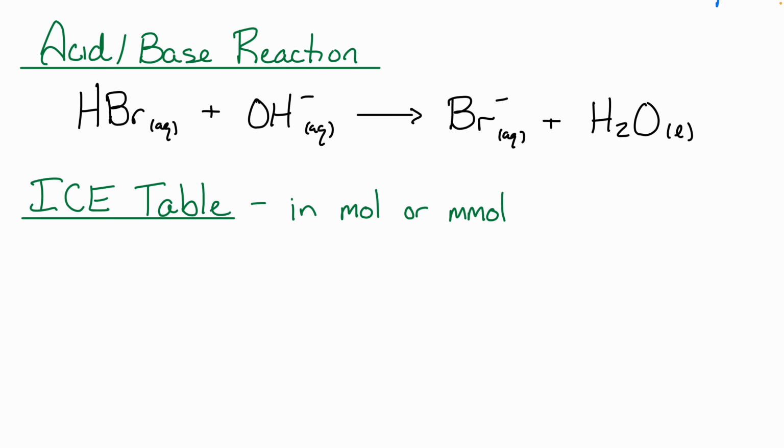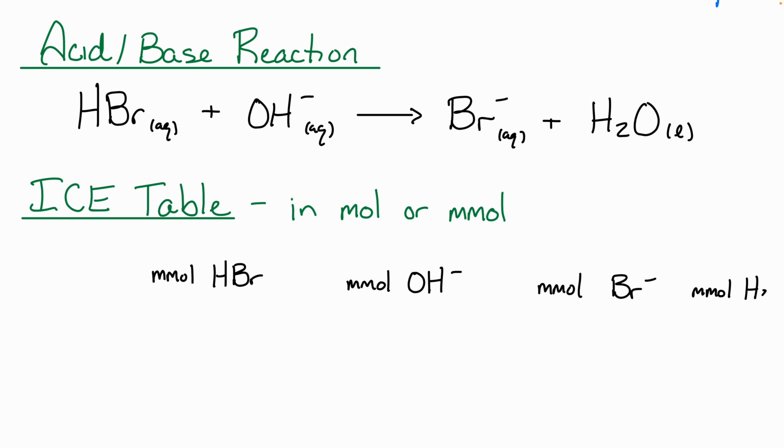So when I do my ice table, I'm not going to do bracket HBr. I'm going to do millimoles HBr and millimoles hydroxide being converted into millimoles of bromide and millimoles of water.